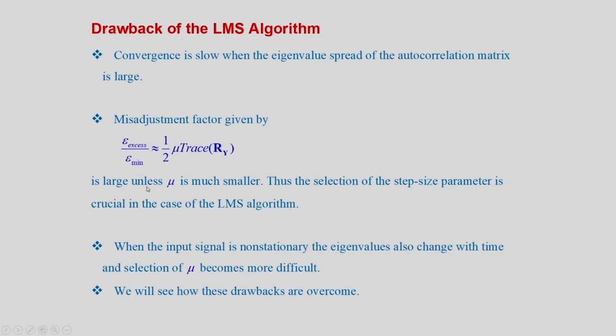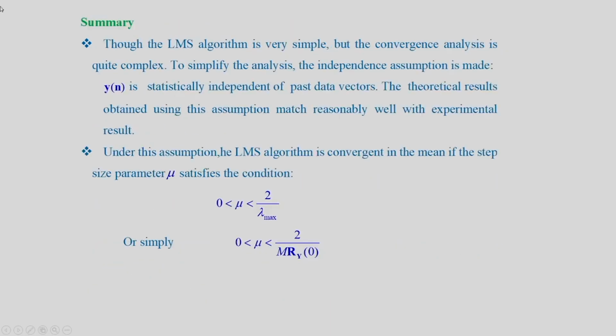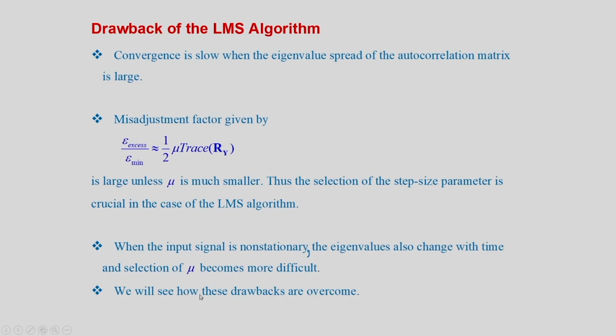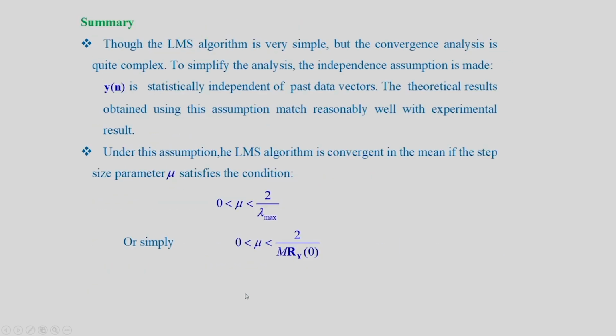This error will be large unless mu is much smaller. Thus, the selection of the step size parameter is crucial in the case of the LMS algorithm. When the input signal is non-stationary, the eigenvalues also change with time and the selection of mu becomes more difficult. We will see how these drawbacks are overcome in the next lecture.